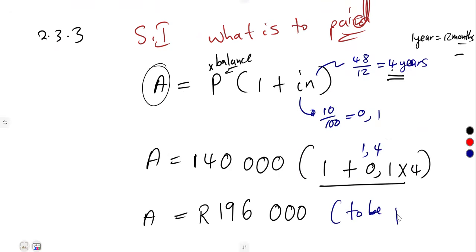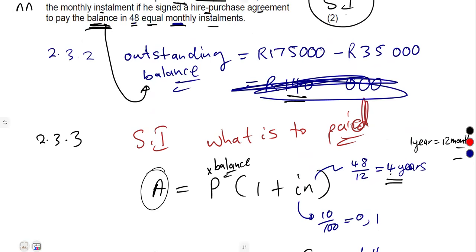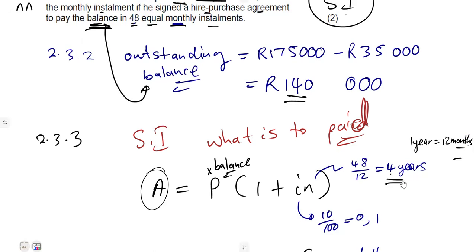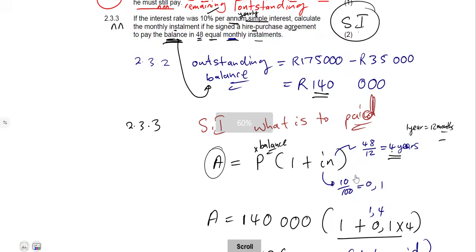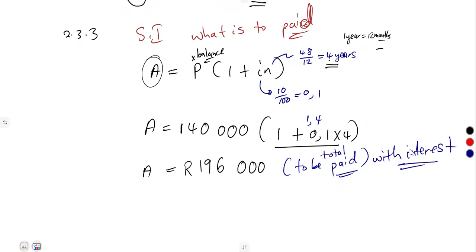He was supposed to pay just 140,000 as the balance, but he cannot afford that at that moment. He can afford to pay it in monthly installments. So they put an interest. So this is the total now to be paid in all, with interest inside.